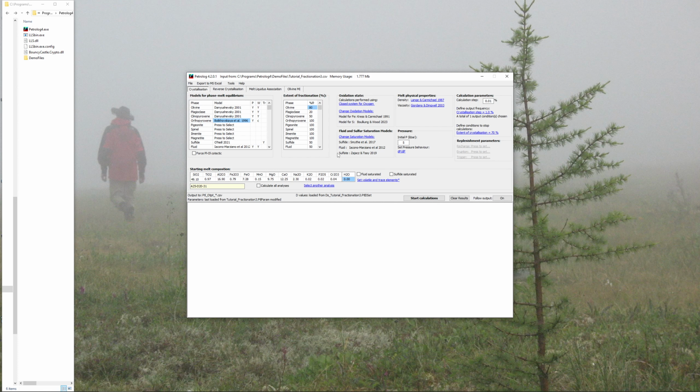We also will have changing pressure during calculations as a function of the extent of crystallization, and we will consider the implications of this in the output files, and we will model this to the extent of crystallization of 70%, so 30% of melt will be left.